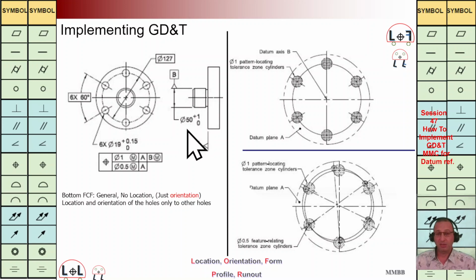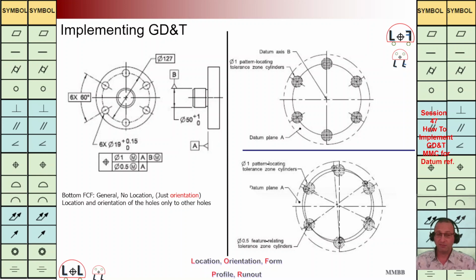We need to make a gauge while the hole has a diameter of 51, no matter what the diameter of this component is. However, the diameter of this part should be between 50 and 51, but I'm talking about the gauge.